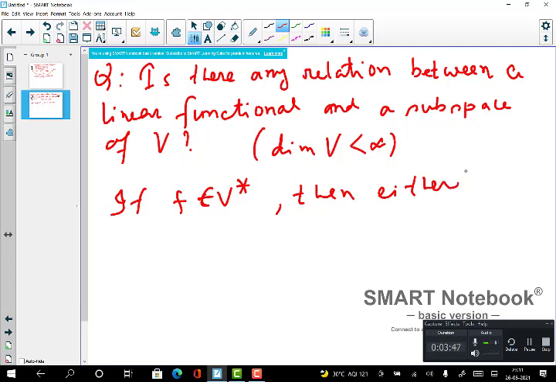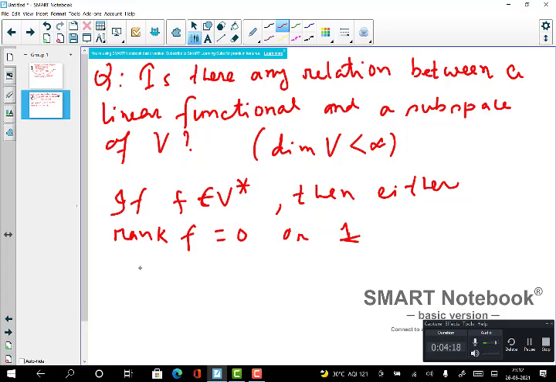I mean to say the rank of that f. What are the options? Then either rank of f is 0 or 1, right? There is no other option because the range of f is a dimension 1 subspace, right? There are two options, either rank will be 0 or 1.